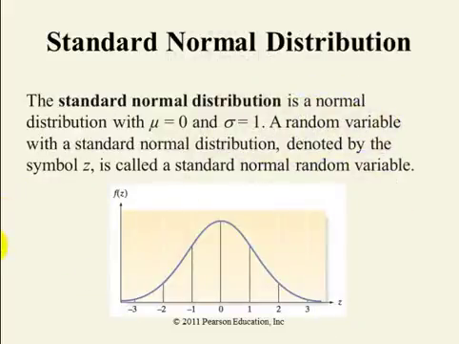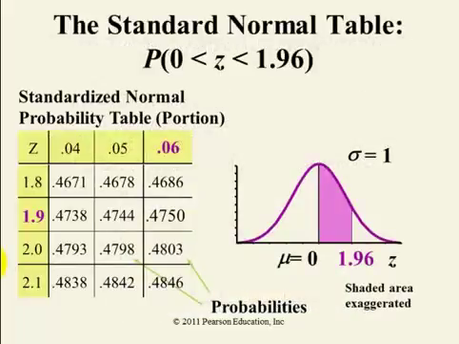So by standardizing, we mean that we're going to use this one table that has a mean of 0 and a standard deviation of 1, and all we have to do to get that is transform whatever numbers, whatever means and data points we're given, to a Z. And you did that on the last test, and so we'll use it again this time.